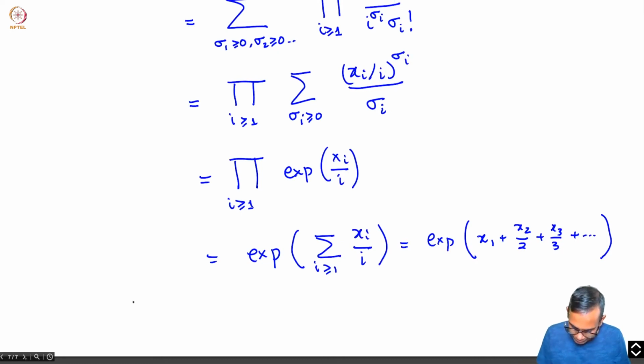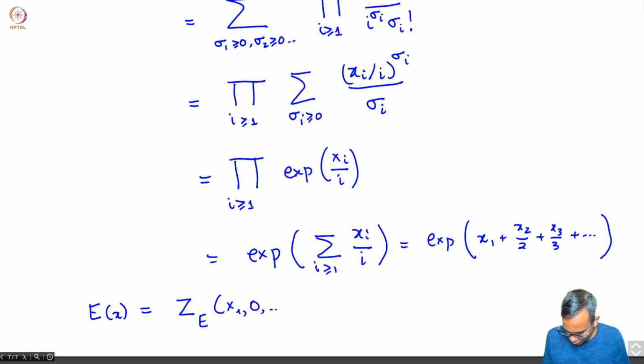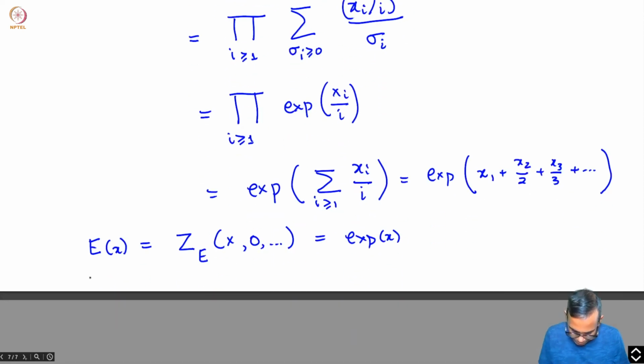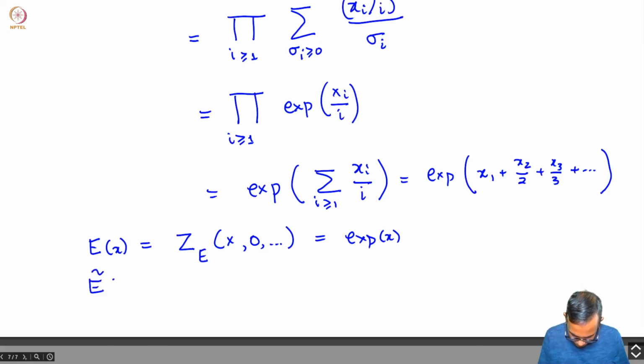And we can check that E of x is just supposed to be Z_E of x comma 0 comma 0, just x comma 0. This is indeed just e to the x, and E tilde of x is supposed to be Z_E of x comma x squared, and so on.